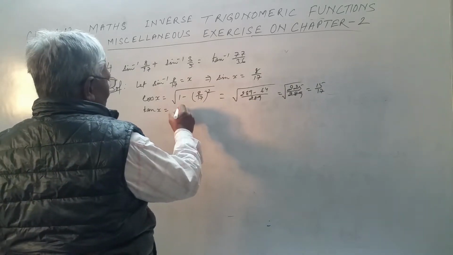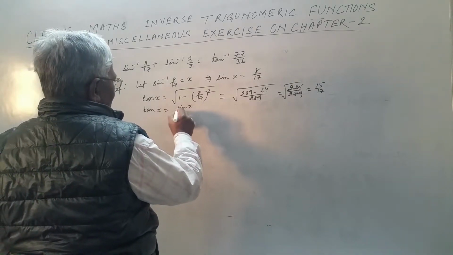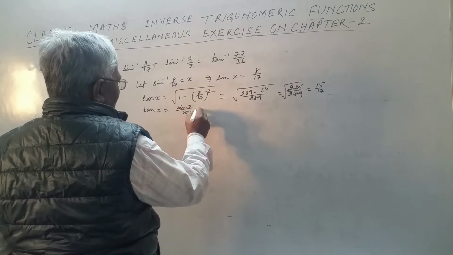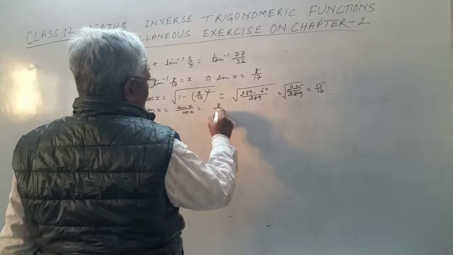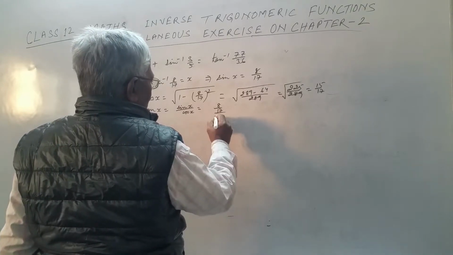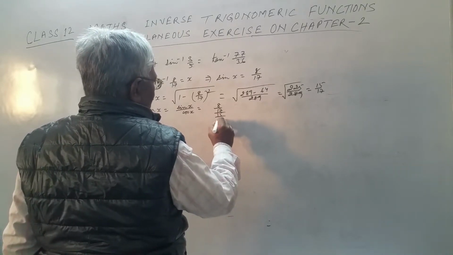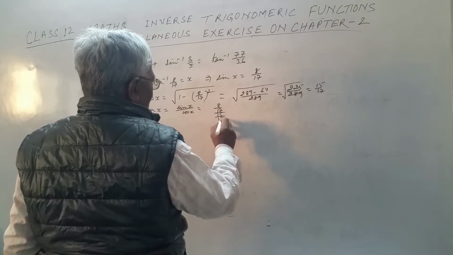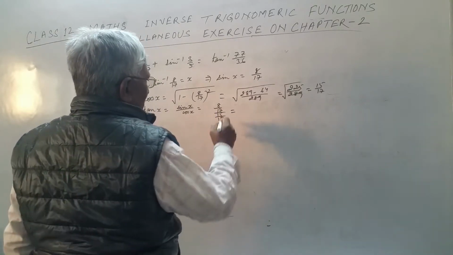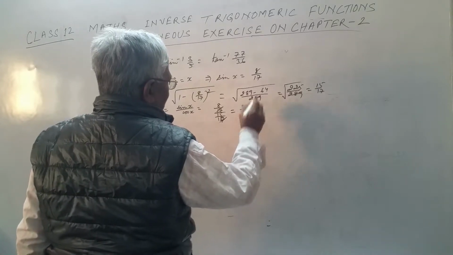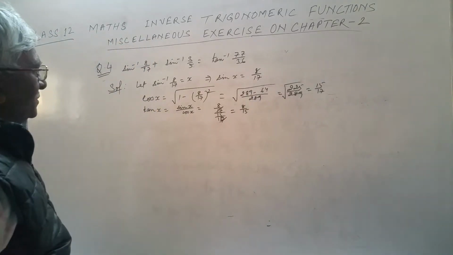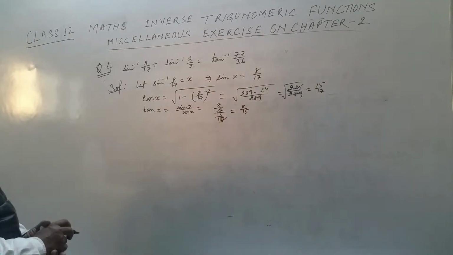Tan x will be sin x upon cos x, that is 8 upon 17 upon 15 upon 17. That will be equal to 8 upon 15. This is tan x.